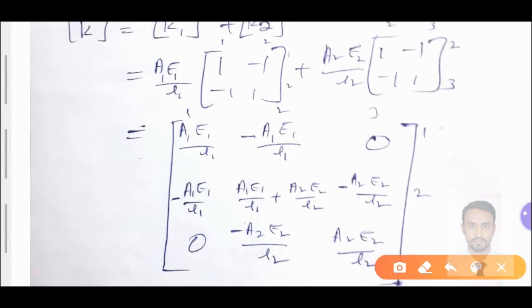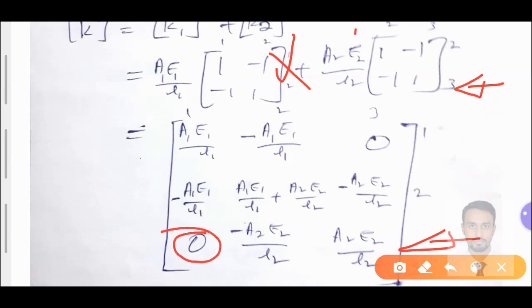Now last row, third row first column, third row second column, third row third column. We have third row here, but we don't have a first column, then that is equals to 0. Third row first column we don't have, which is equals to 0. Third row second column we have minus 1.